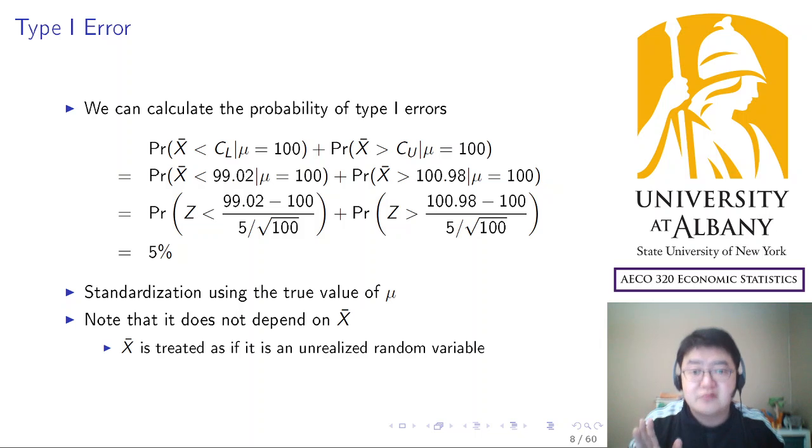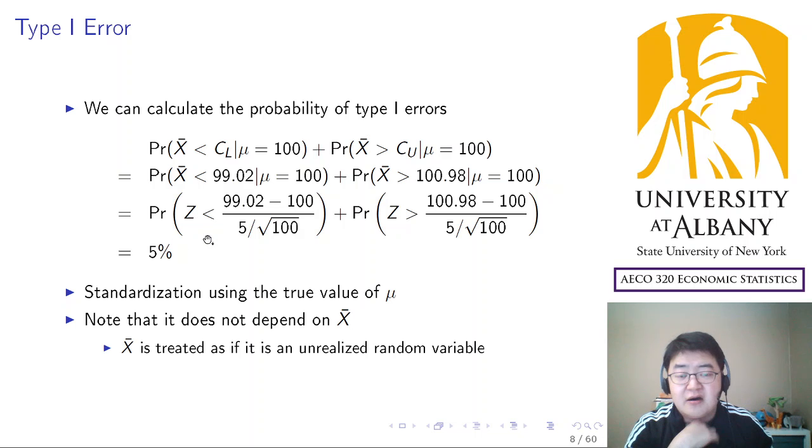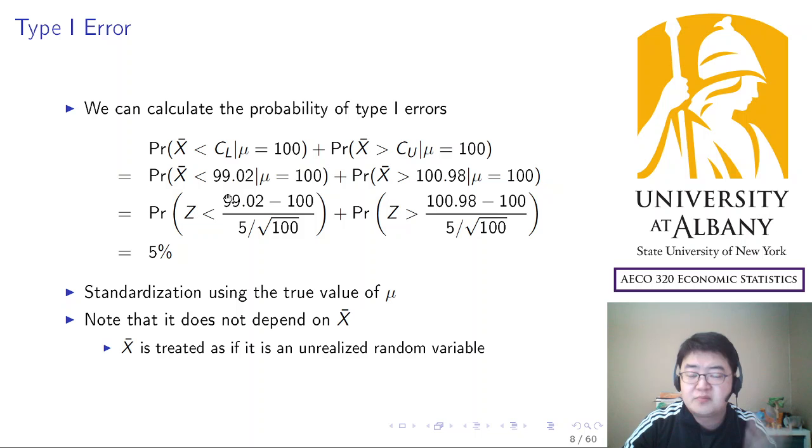For example, if you use the same critical values for different brands of diabetes drugs, then 5% of brands will be rejected by mistake, by error. So we don't need a specific value of x bar to calculate the probability of type 1 errors.